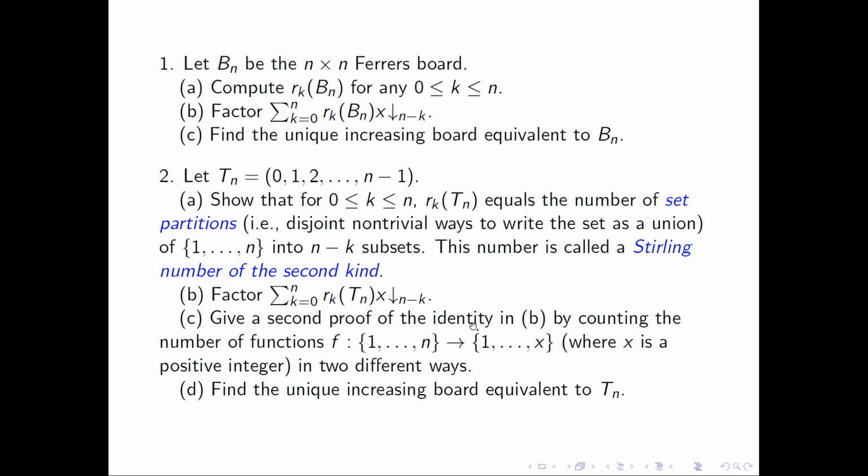Give a second proof of the identity by counting the number of functions from the set 1 to n to the set 1 to x, where x is a positive integer, in two ways. Maybe by looking at the left hand and the right hand side, the sum version and the product version. And then find the Foata-Schützenberger increasing board that's Rook equivalent to this. I'm not going to say anything, but something's clearly true here. I'm going to leave it at that.